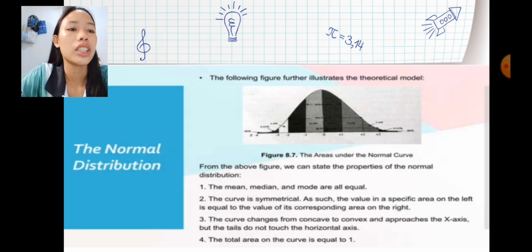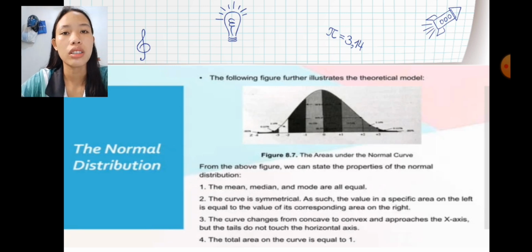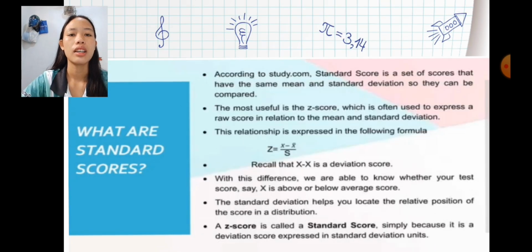The value in a specific area on the left is equal to the value of its corresponding area on the right. Third, the curve changes from concave to convex and approaches the x-axis, but the tails do not touch the horizontal axis. Fourth, the total area under the curve is equal to 1.